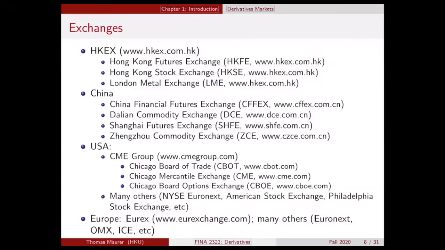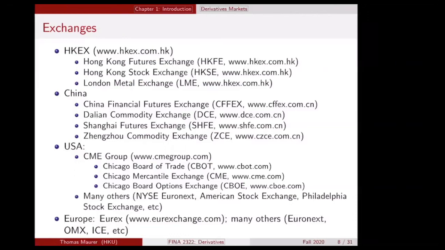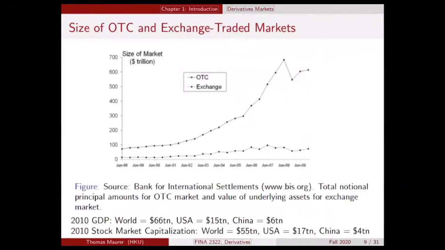And then finally, in Europe, you have most prominently the Eurex, but then you also have many other smaller exchanges, especially country-specific exchanges.